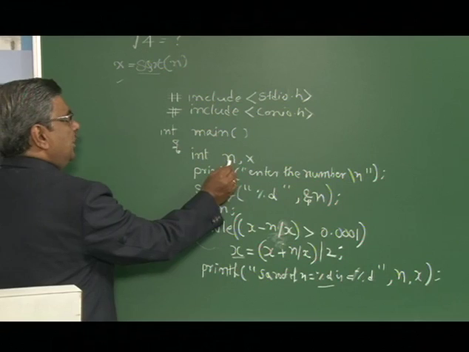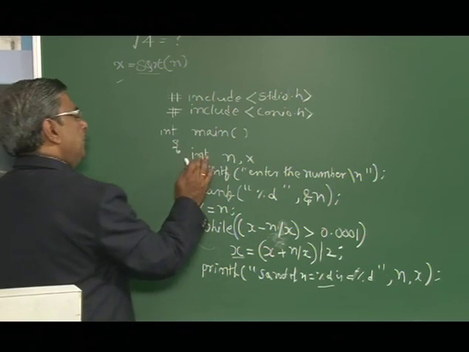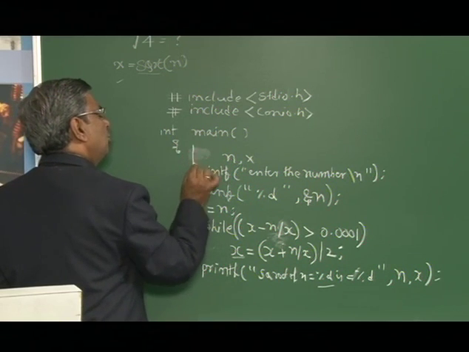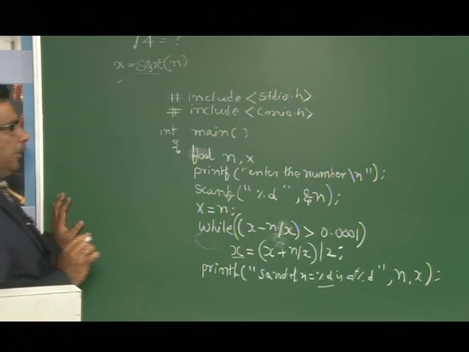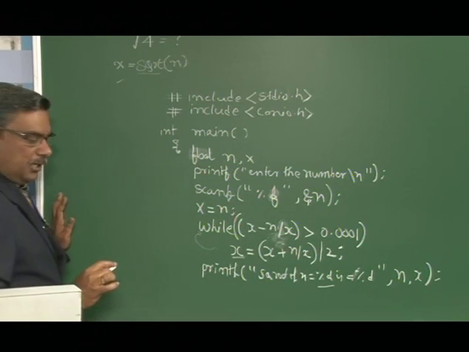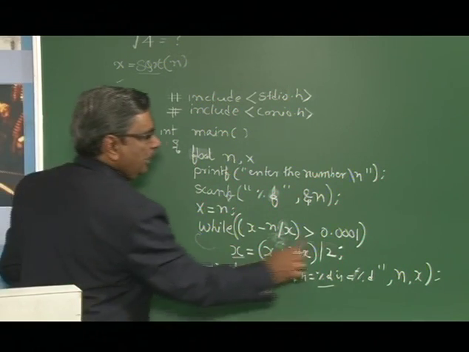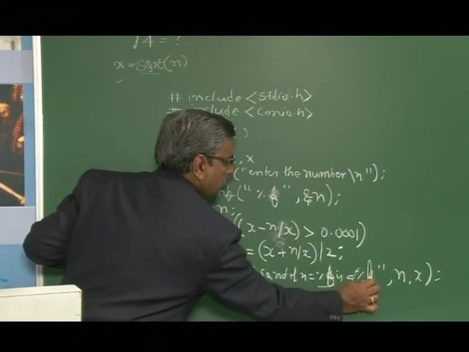Since you are using n and x, the square root will come out as a floating point number. Better you convert into float. Whenever you change to floating point, the following changes are to be done: f is the control string, and correspondingly the x and everything should be changed to the control string percentage f.